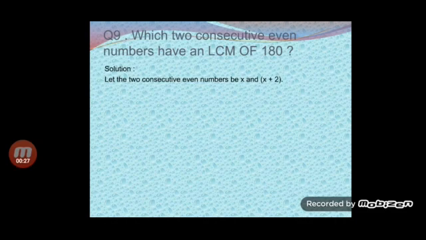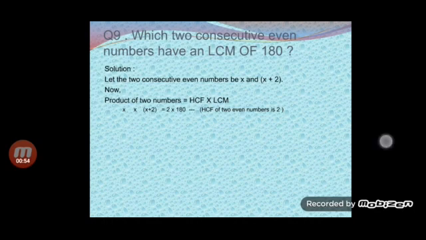Because the difference between two even numbers is always 2. So we have product of two numbers is equal to HCF into LCM. Substituting the values, we get x into x plus 2 is equal to 2 into 180. HCF, why we are taking 2? Because two consecutive even numbers always have HCF of 2.